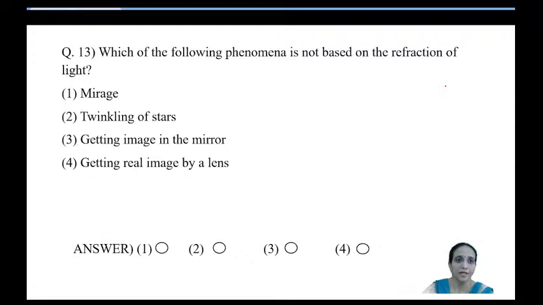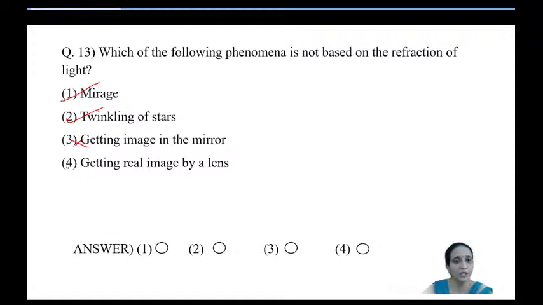Question number 13. Which of the following phenomena is not based on refraction of light? We have already studied these 3 examples we had seen. Mirage, yes, it is based on the refraction of light. Twinkling of the stars, again, yes, it is based on the refraction of the light. Getting image in the mirror, no, it is not based on the refraction of light.